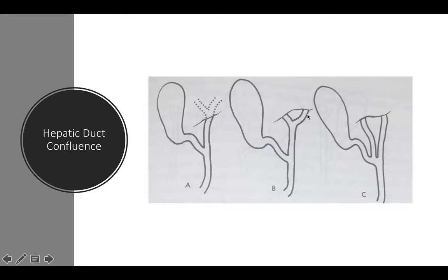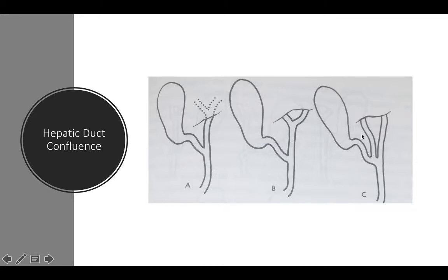Note that the left duct is often longer than the right. And of course, the one to be most wary of is variation C, where in this case we have a very low confluence, to the extent that in this occasion, the right duct actually opens at the base of the cystic duct.